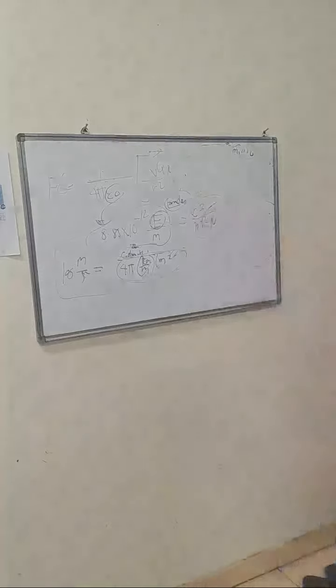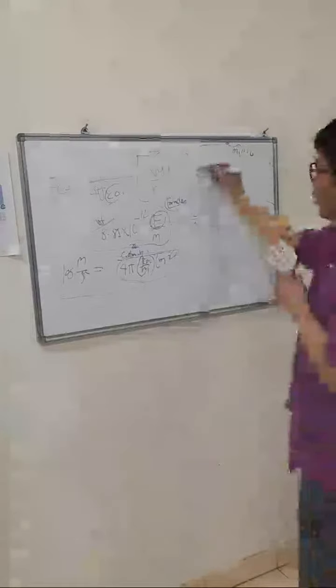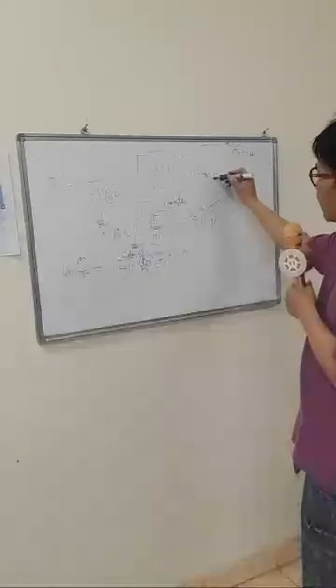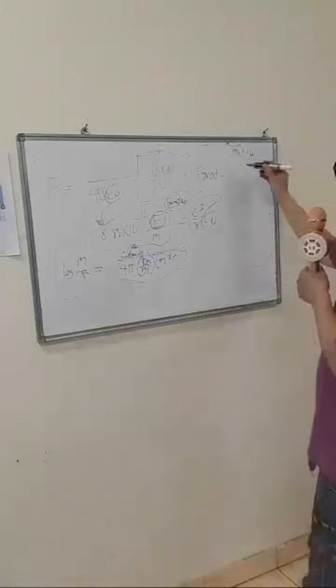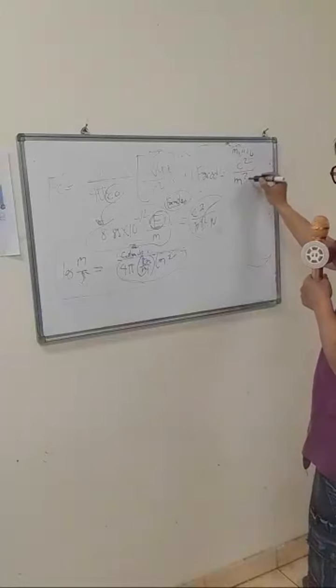See? No more farad because you don't like the farad. So 1 farad is equal to coulomb squared over meter squared Newton.